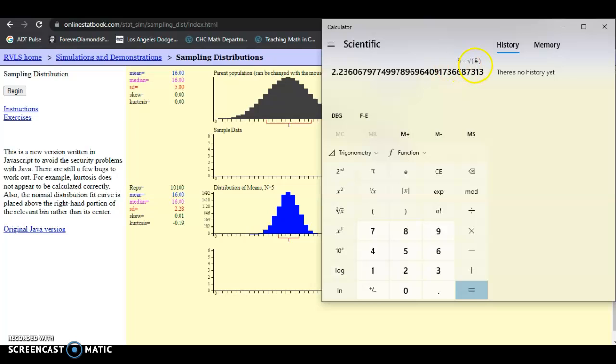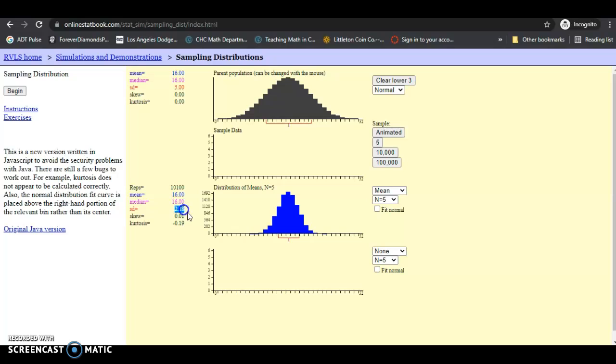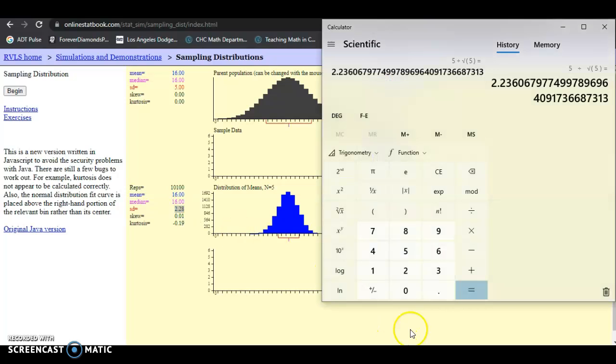So 5 divided by the square root of 5 should be equal to this number here. In our simulation, it's equal to 2.28, and you can see that 2.28 is fairly close to the predicted value of the standard deviation of the sample means, which is about 2.23 or 2.24.